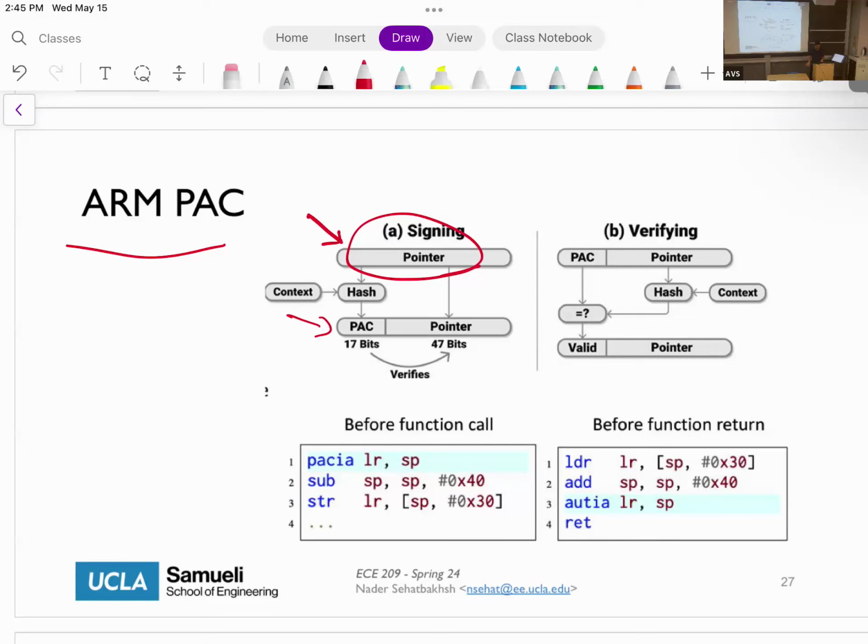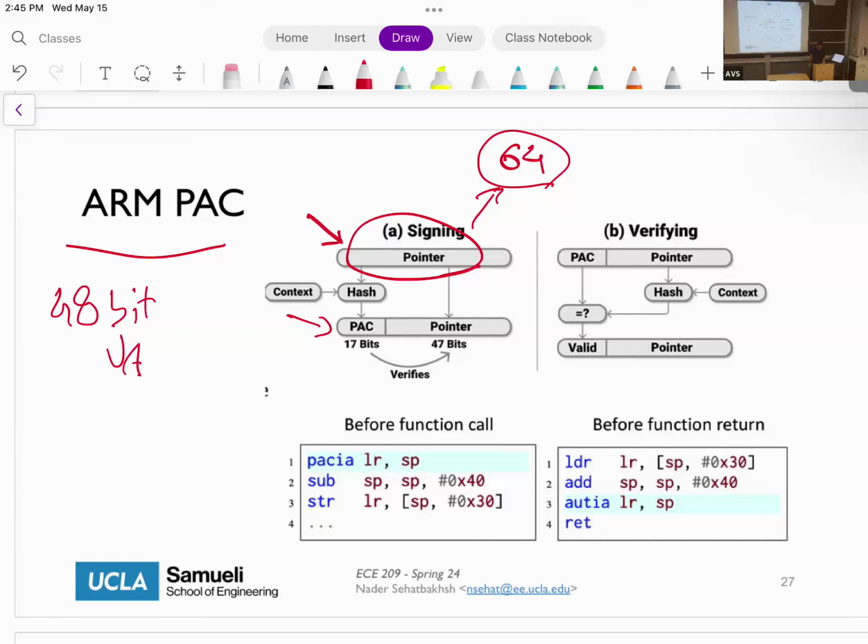Okay, so for example, consider this as a 64-bit value. The idea is that usually these 64-bit values are not fully used. So typically we have 48 bits for virtual addresses, which means that around 16 bits or so is empty. I can use it for whatever I want. Typically they're all zeros.